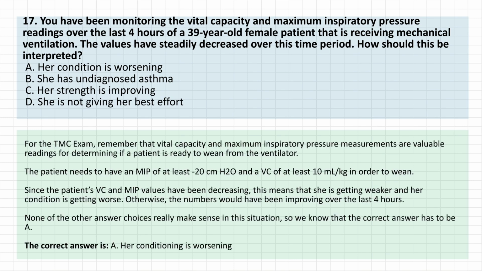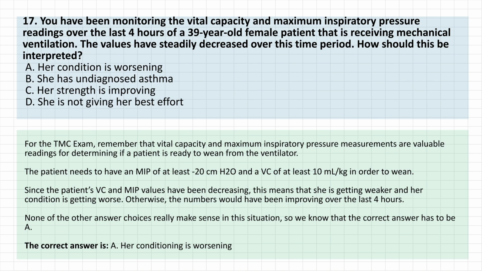Her condition is worsening. For the TMC exam, remember that vital capacity and maximum inspiratory pressure measurements are valuable readings for determining if a patient is ready to wean from the ventilator. The patient needs to have an MIP of at least negative 20 centimeters of water pressure and a vital capacity of at least 10 milliliters per kilogram in order to wean.